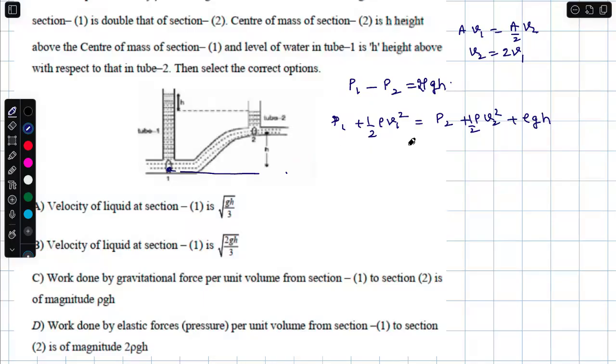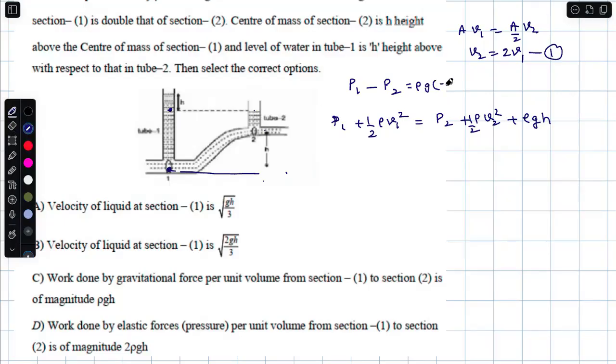So in this question, it is very clear that equation of continuity says A1 V1 is equal to A by 2 V2. V2 is 2V1. Let this be equation 1. Remember these 2 points.